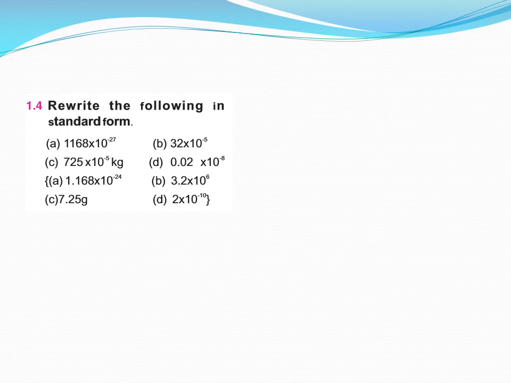In question 1.4, we are to rewrite the values in standard form. So these are the 4 parts, questions, and these are the answers. Let's do one part for clarification. Let's take this A. Here we have 1168 times 10 to the power -27.